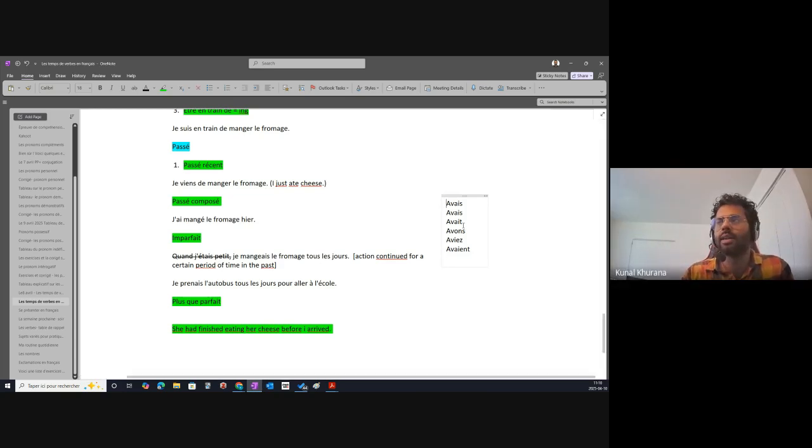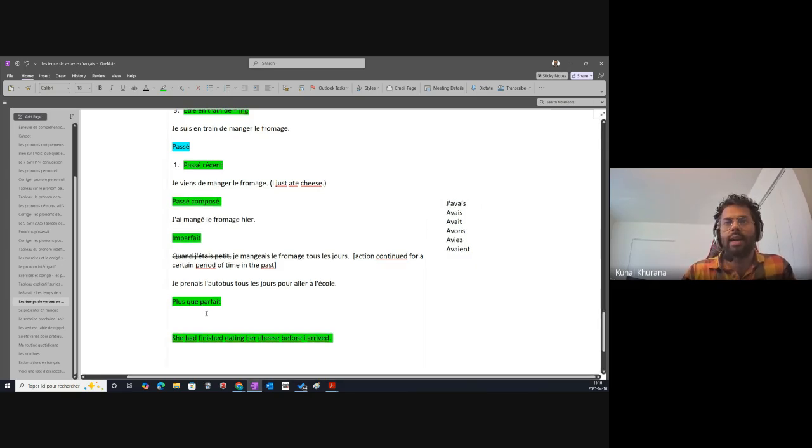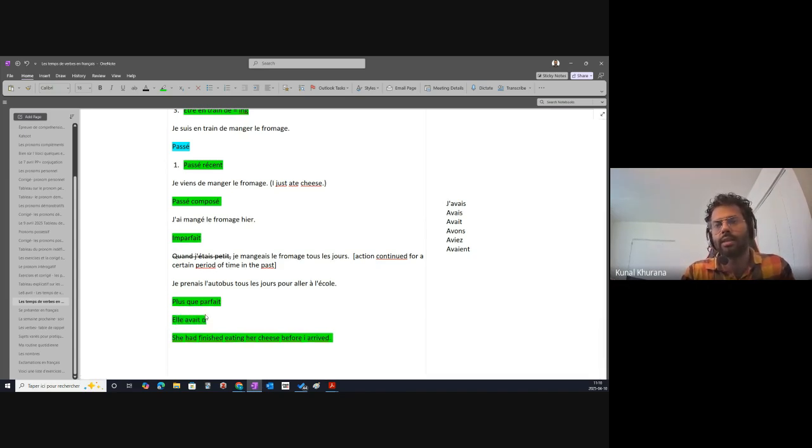We have to learn that. Elle avait déjà mangé le fromage avant que je suis arrivé.